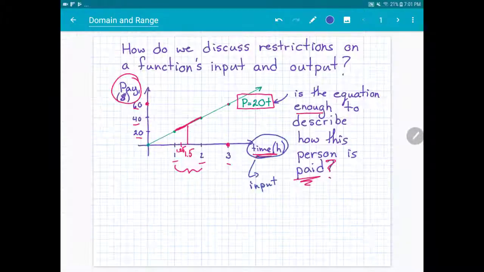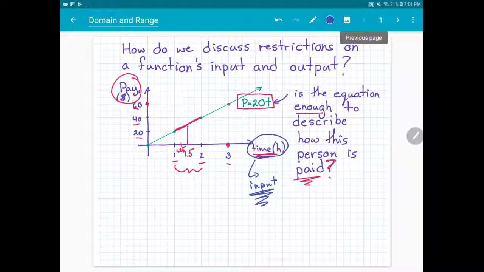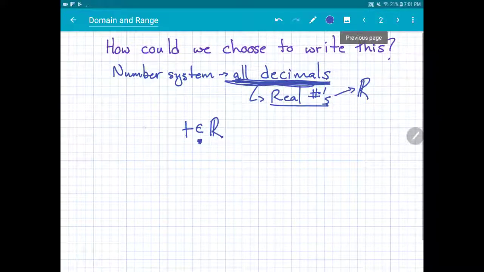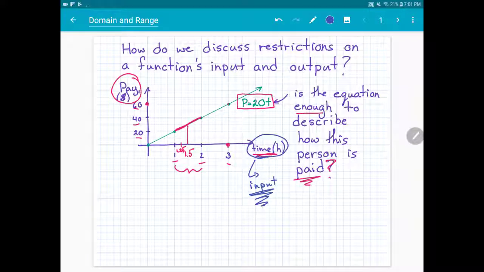Now, more than that, we want to tell you that we're talking about the input. Well, we have a word for that too. When we're talking about the inputs that are allowed, we call those domains. So we're saying that the time is going to be a real number. Now, could it be any real number? Well, I think this time scale is a little unclear.